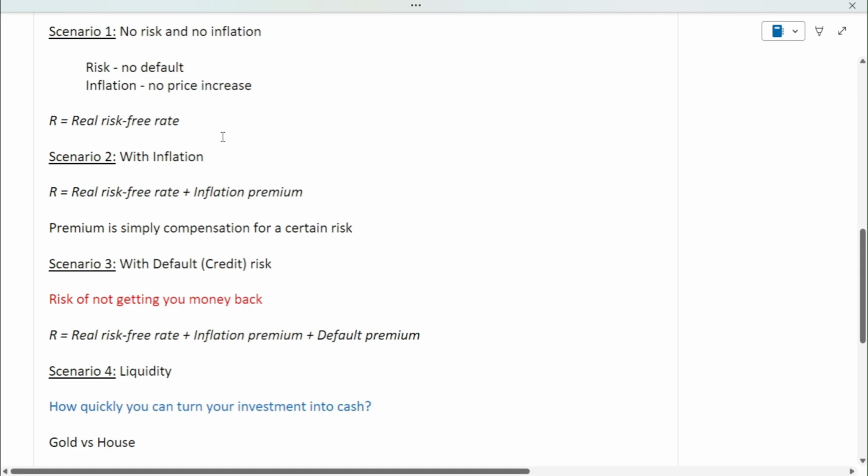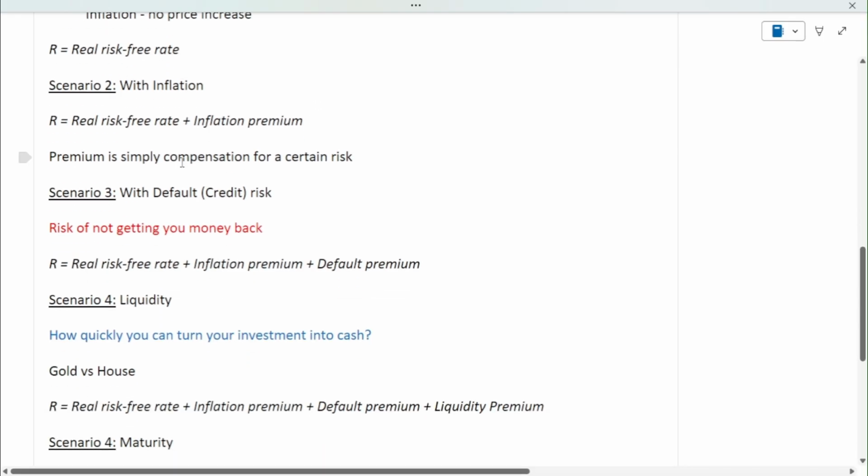If we add inflation to this scenario, meaning the price of goods and services are going to increase as time passes, the interest rate is going to be equal to real risk-free rate plus inflation premium. Don't let this premium term scare you. Premium simply means compensation for a certain risk.